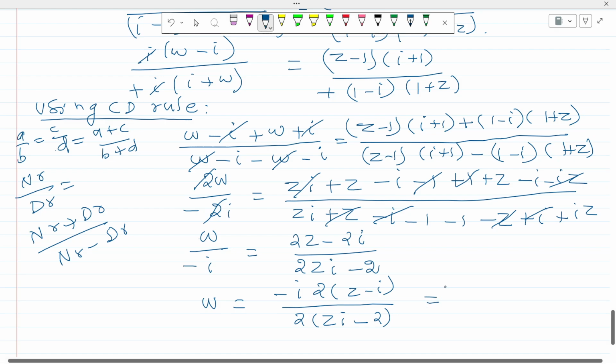So you will get that, multiply that minus I inside, ZI minus.